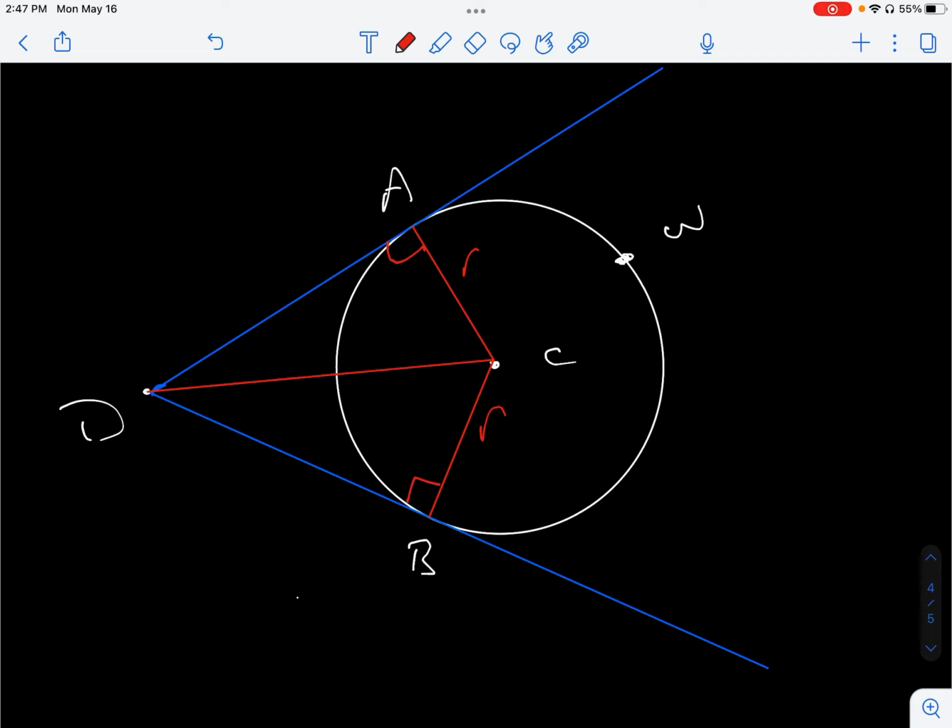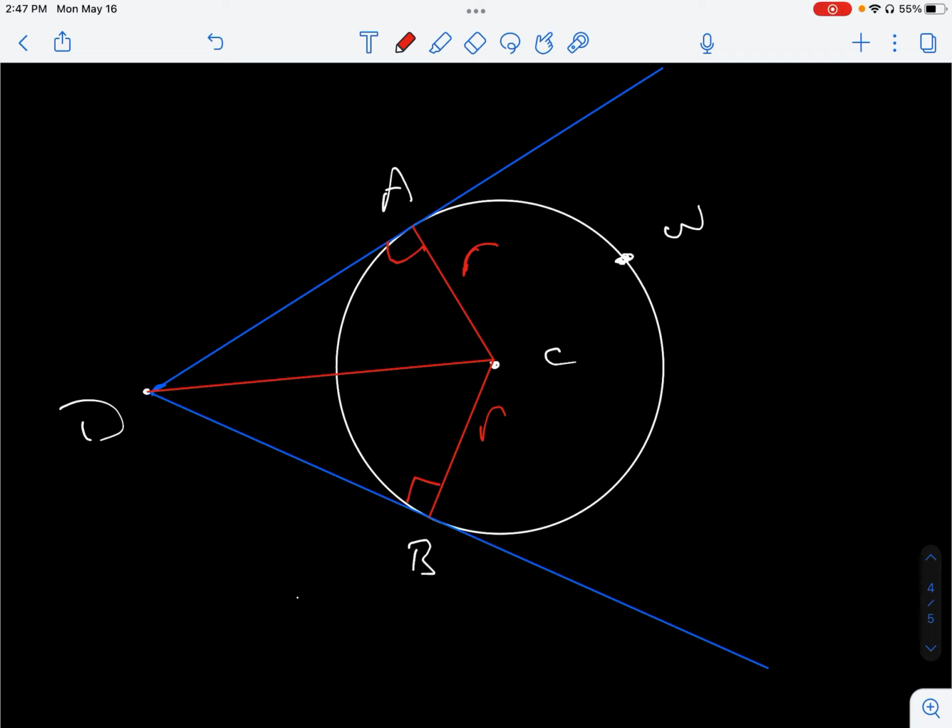So if we draw a line from the center C to D, we've created two right triangles, with CD being the hypotenuse.